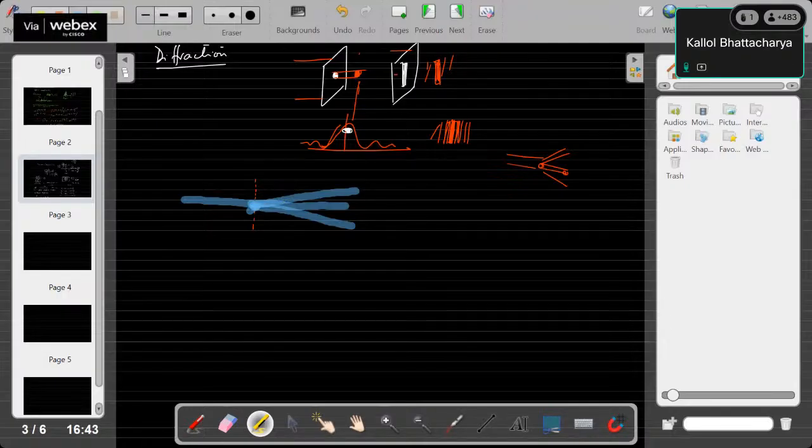This is the first order, plus minus one first order. These are the diffraction orders you have. You have another order going in this direction, and there can be an infinite number of orders, okay.